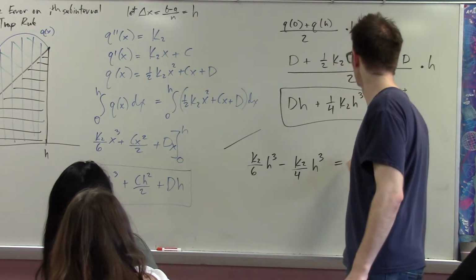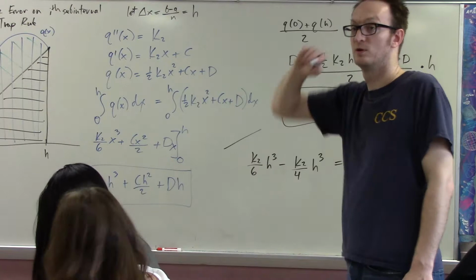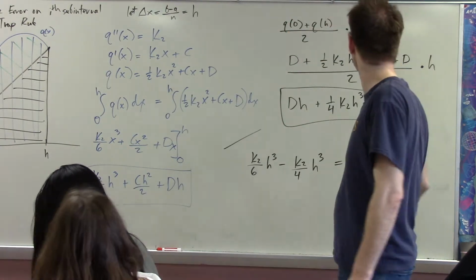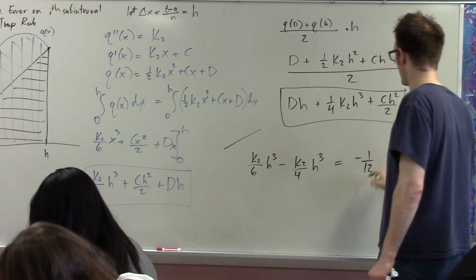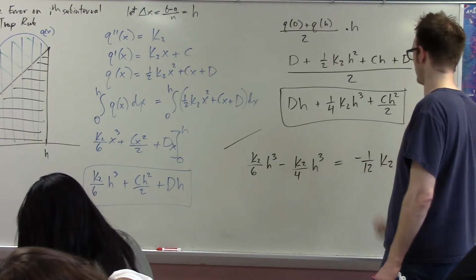What's 1/6 minus 1/4? Negative 1/12. So negative 1/12 k2h cubed.